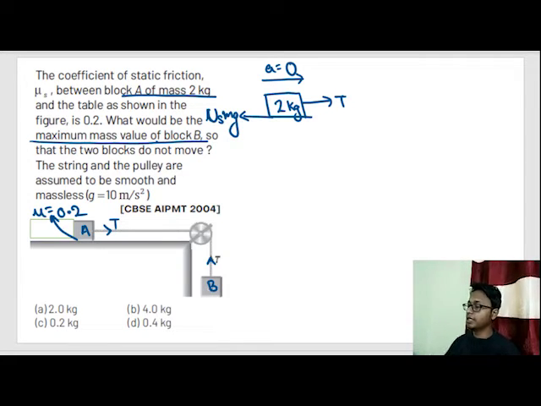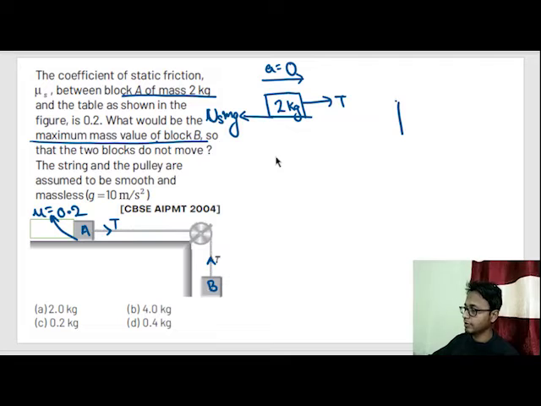Understood what I did out here? The maximum value of friction force was applicable because the body just started to slip, and the maximum value of friction force is given by mu s into N. From the vertical component of force, we get N equals mg.